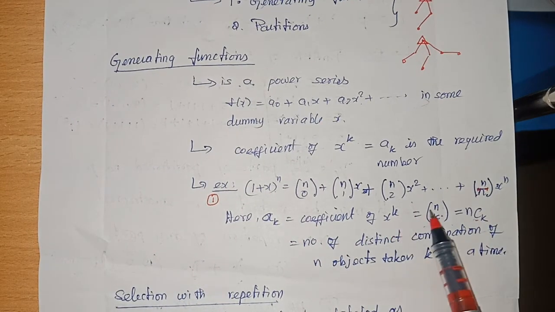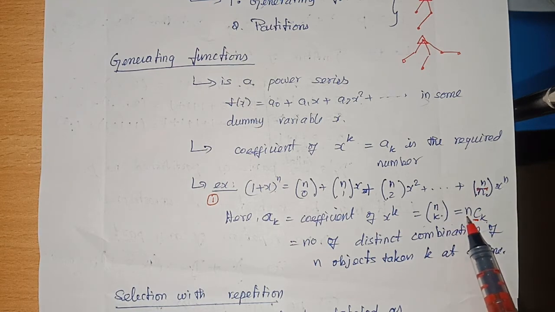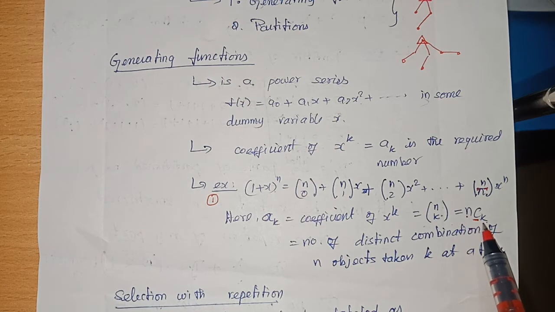The coefficient of x power k is nCk. What is combination? Combination is nothing but selection. Selecting what? k objects out of n objects. So, selecting k different objects from n objects is said to be nCk.